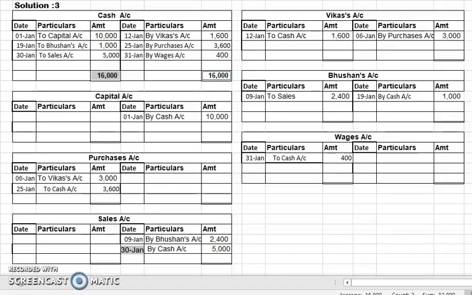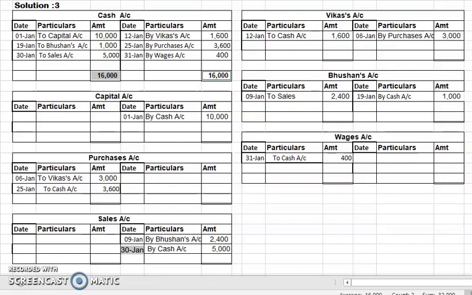Now the debit side total is 16,000, but the credit side total is not 16,000. So we have to find out the balancing figure here. That is, from 16,000 you will have to minus the total of all the amounts on the credit side. So if you take the total of the amounts written on the credit side, 1,600 plus 3,600 plus 400, now this comes to 5,600.